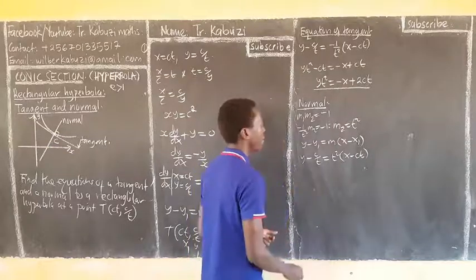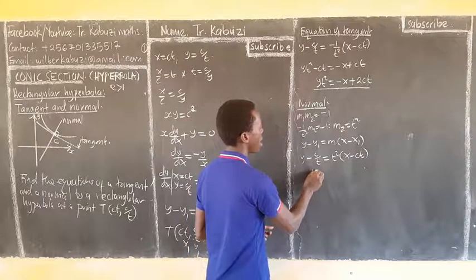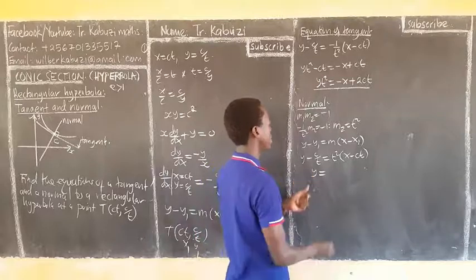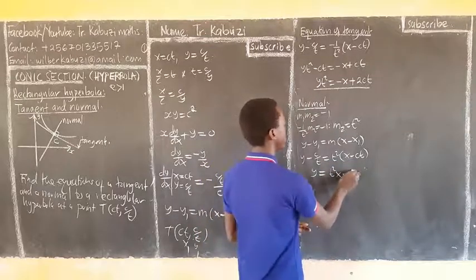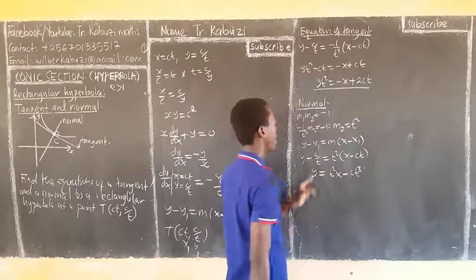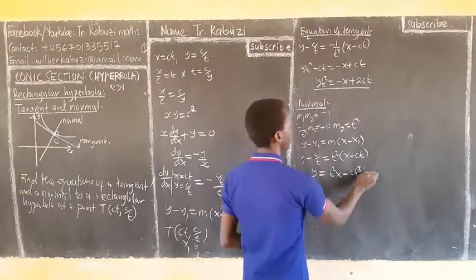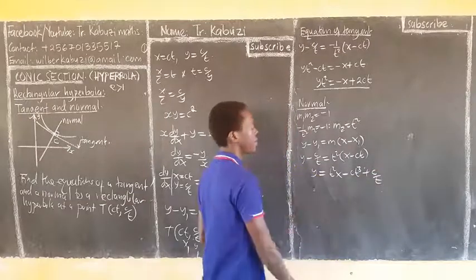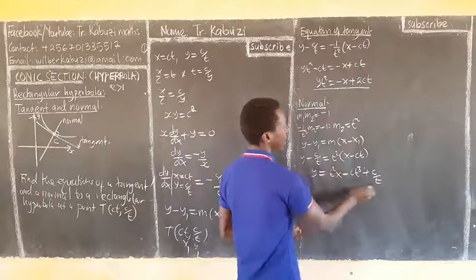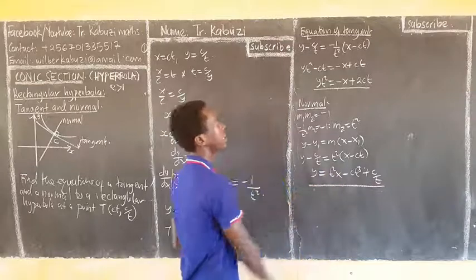So this one will be now y equaling to t squared x then minus ct cubed, and then bring this side, it comes down plus c over t. You can choose to multiply through by this t, or you can leave it there.